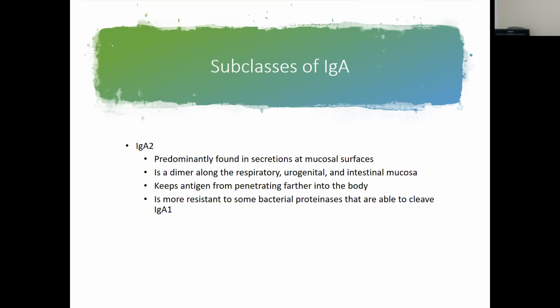That is internal to the body, but it's still external to the body. It's a tube. All of that is still external, so it all has to absorb through. So it'd be great for that mucosa to have some IgA present, because that's still external.